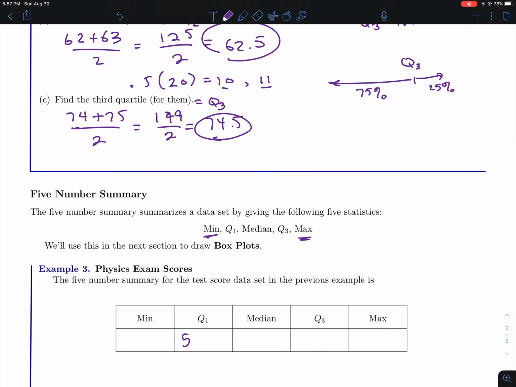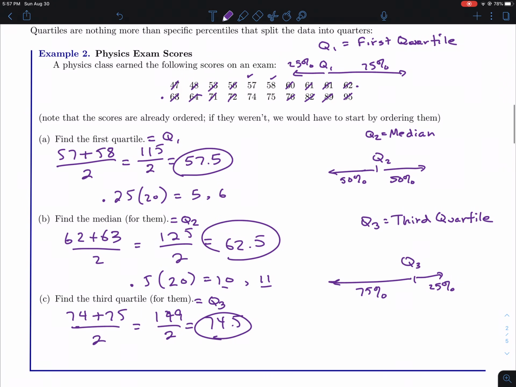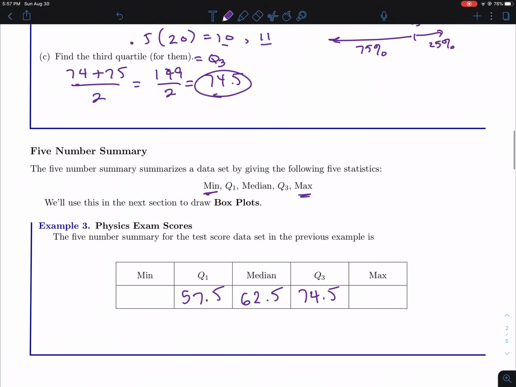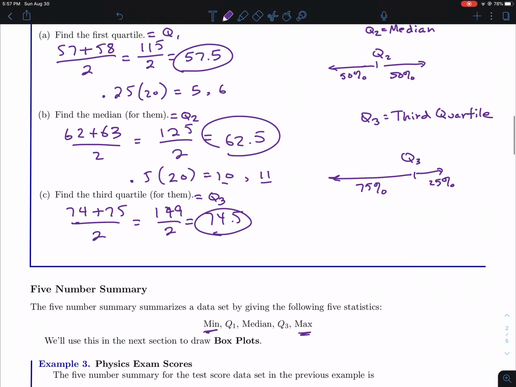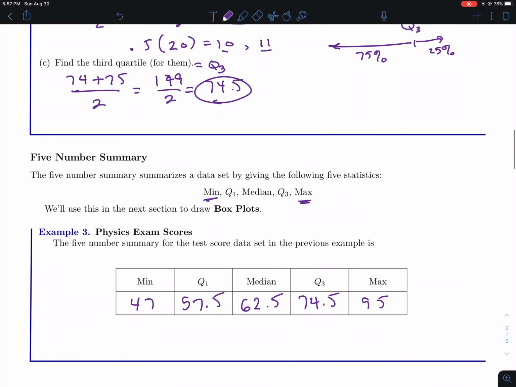So let's write it in here. Our median was 62.5. Our Q3 was 74.5. And then finally our max was 95, it looks like. And our smallest value was 47.